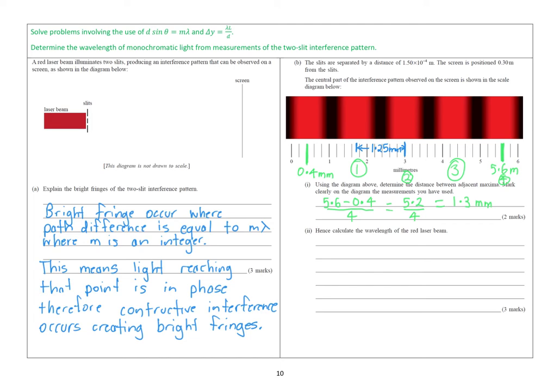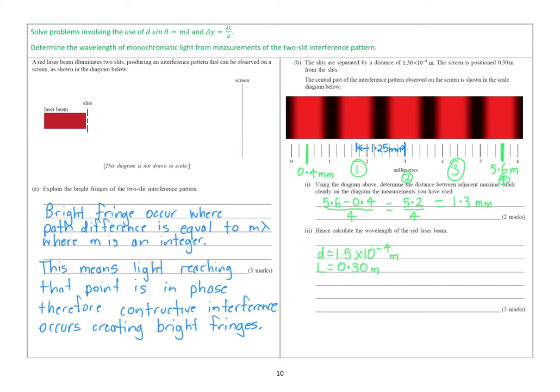Next, calculate the wavelength of the red beam. So what's the information we know? We know that D equals 1.5 times 10 to the minus 4 meters, so we don't need to convert units. We know that L is equal to 0.30 meters.